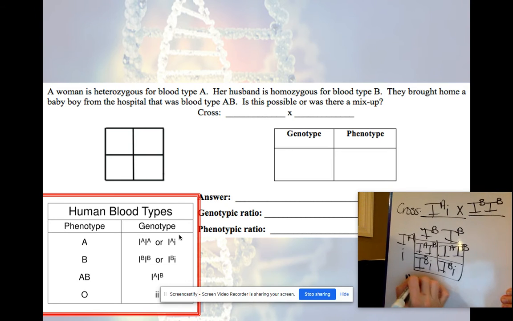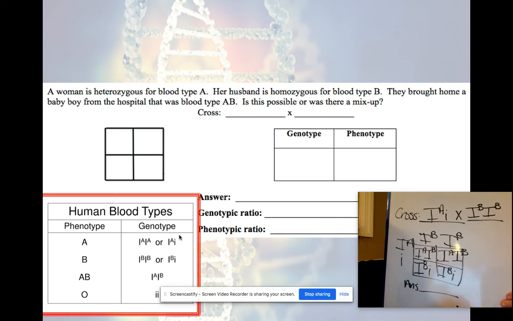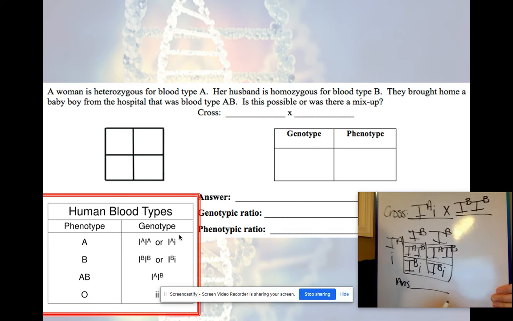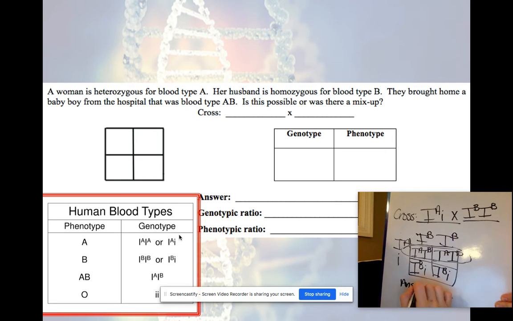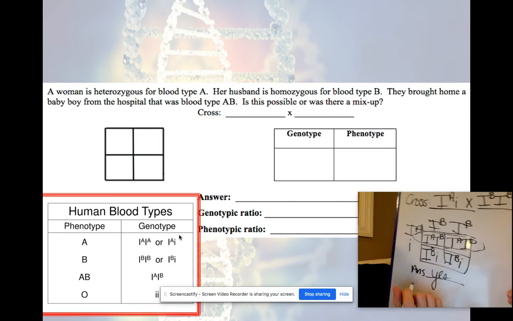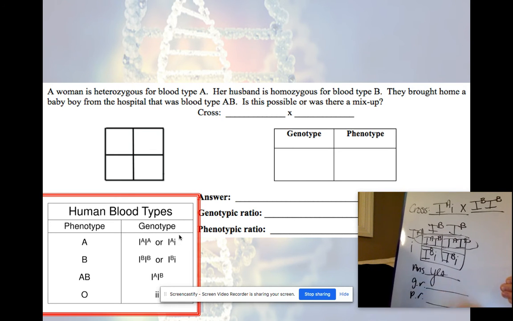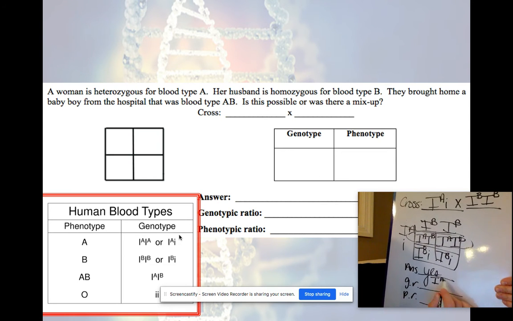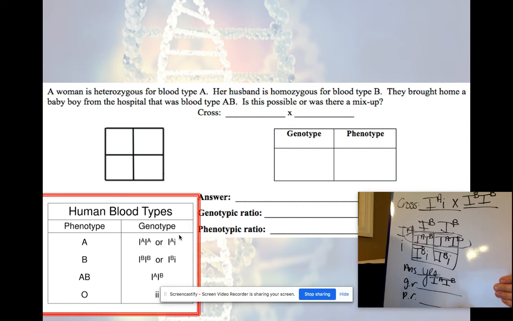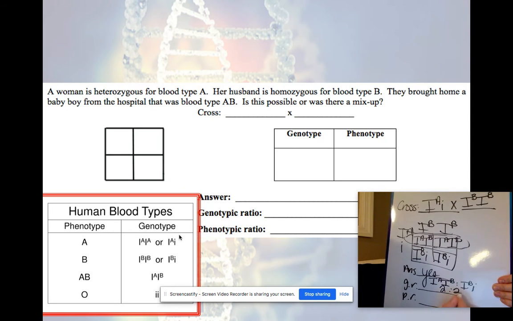So now the answer: is it possible that they could bring home a baby boy from the hospital that's blood type AB? And it is possible. What are the genotypic and phenotypic ratios? Here, the two possible genotypes include IAIB and IB lowercase i, and we have two of both.